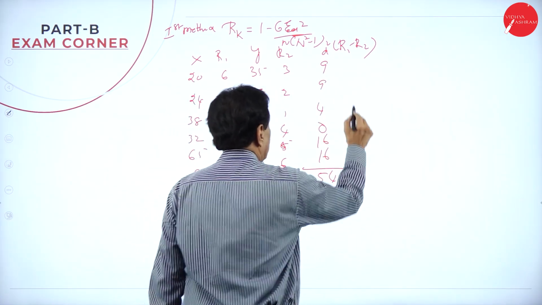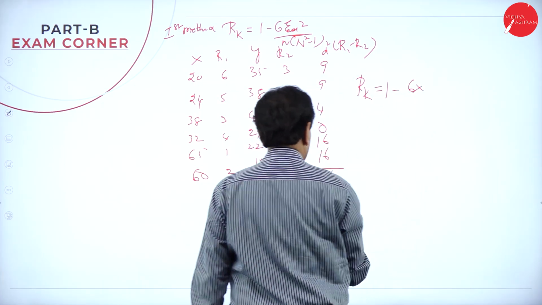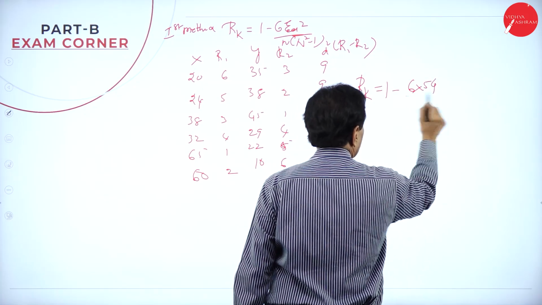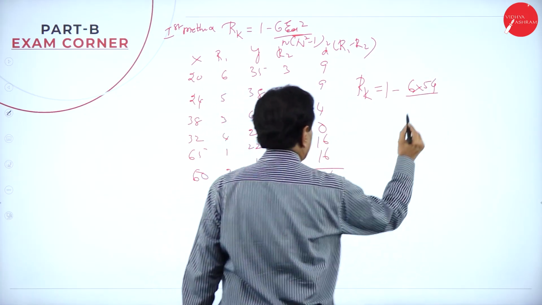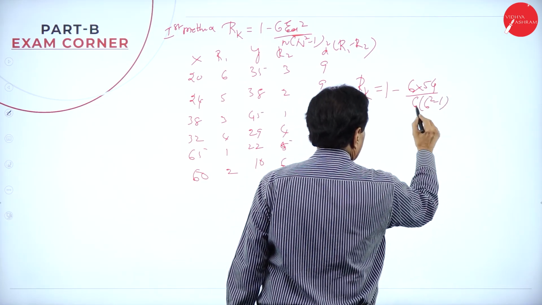Apply: Rk is equal to 1 minus 6 into sigma d square, which is 54. How many terms are there? 6. So 6 into 6 square minus 1.